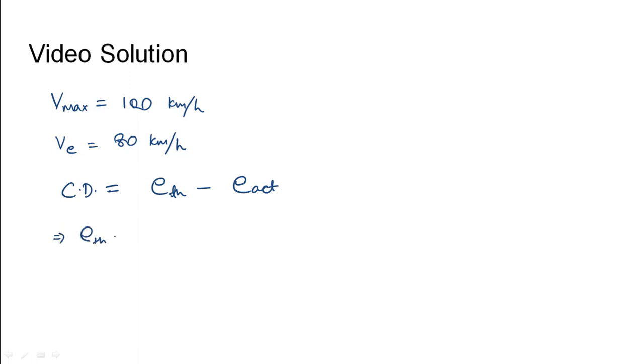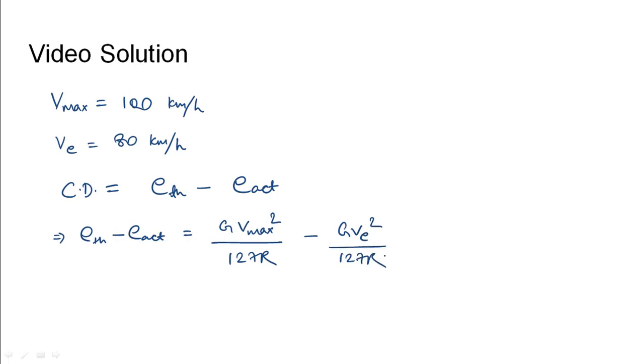Theoretical superelevation minus actual superelevation is G Vmax square over 127R minus G V square over 127R.